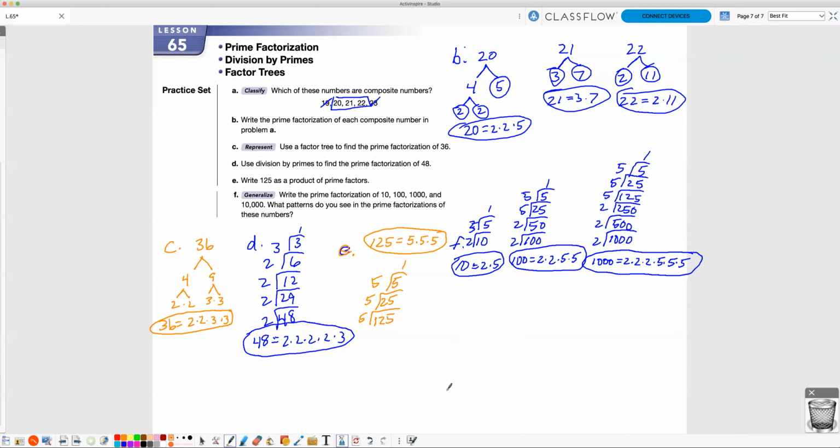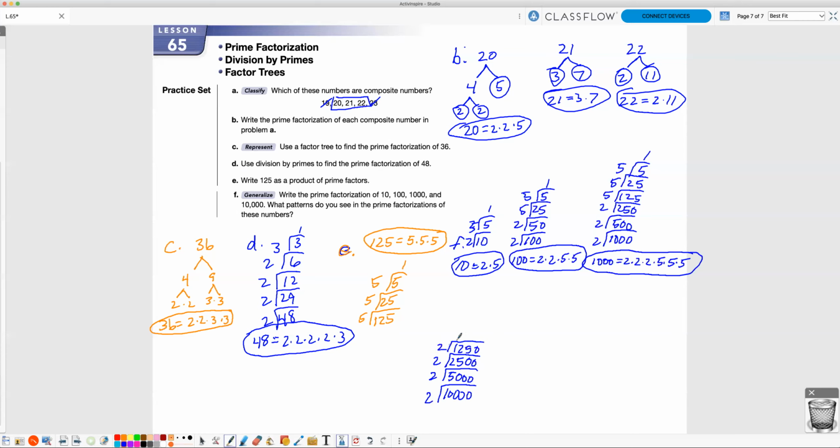Let's do 10,000 right here. I'm going to divide that by 2 again. That would be 5,000. The smallest prime number that it's divisible by is 2. That'd be 2,500. This is also divisible by 2. That'd be 1,250.